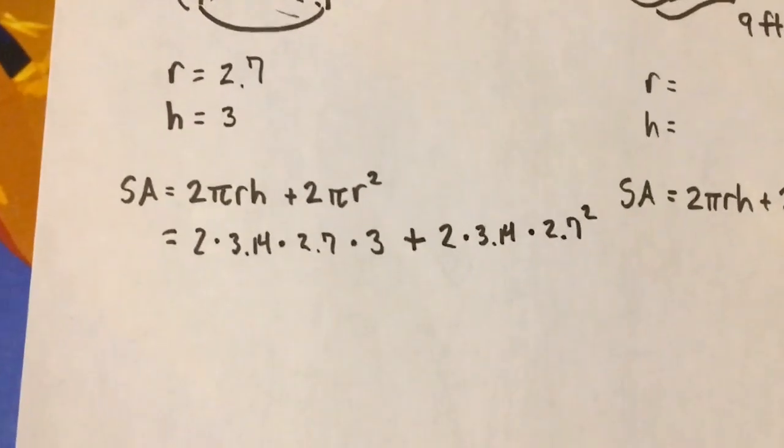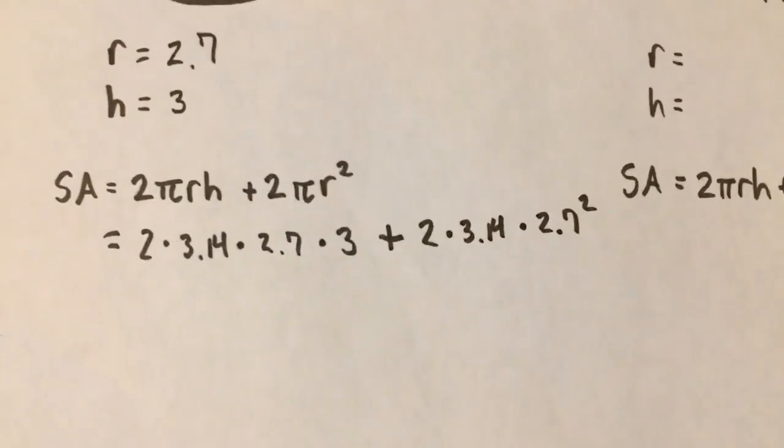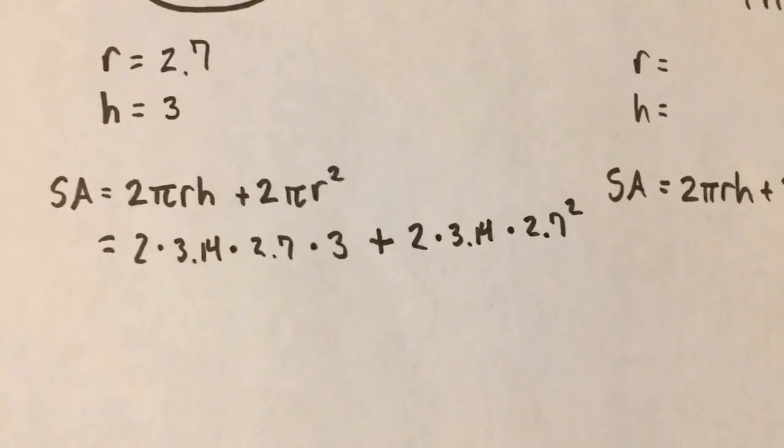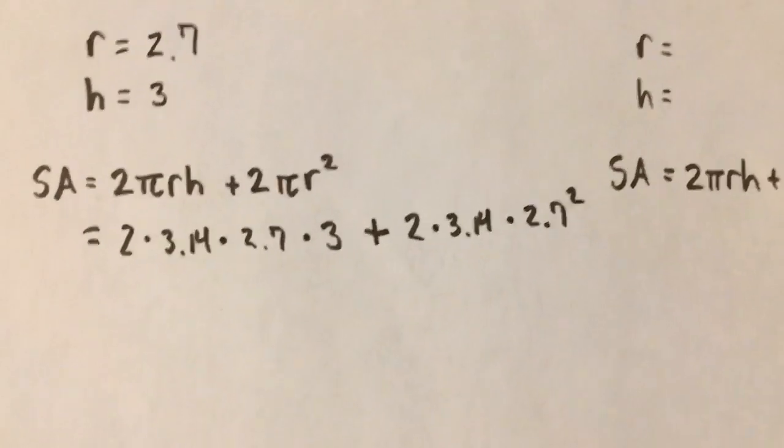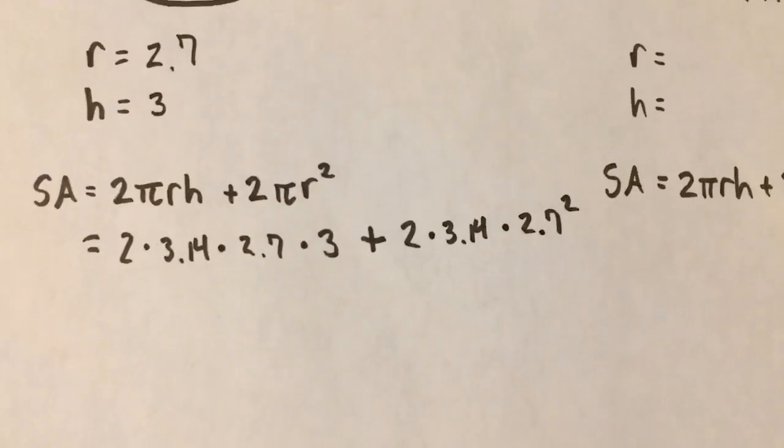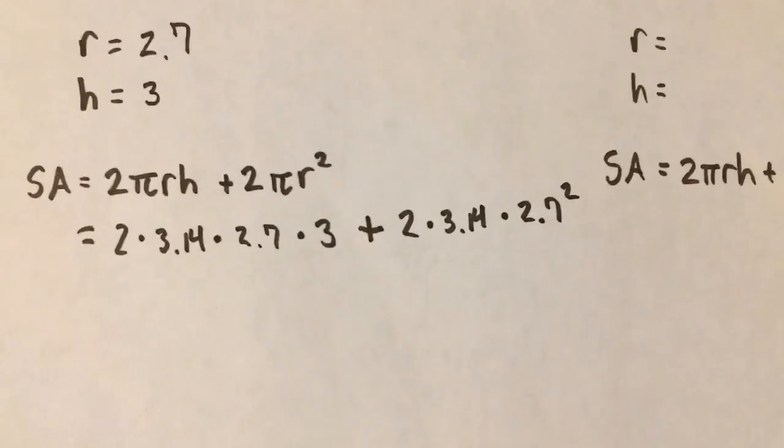As you can tell, there's quite a few multiplication operations in this surface area formula. So if you have a calculator, that's probably going to be your best bet for making sure that you can do your calculations efficiently.